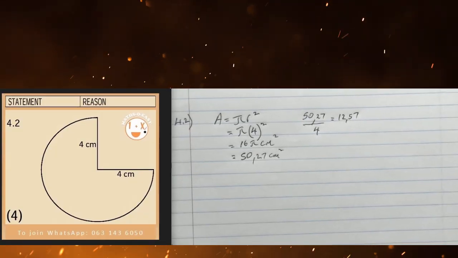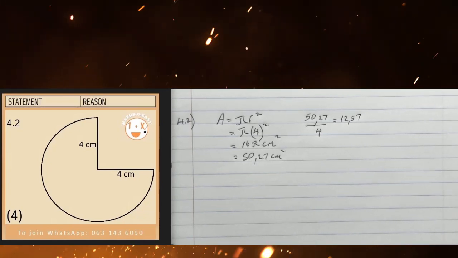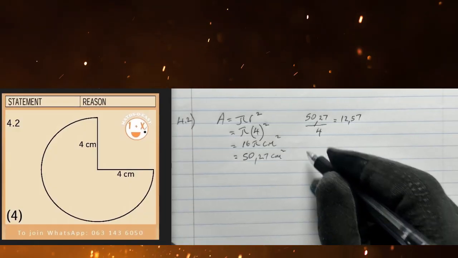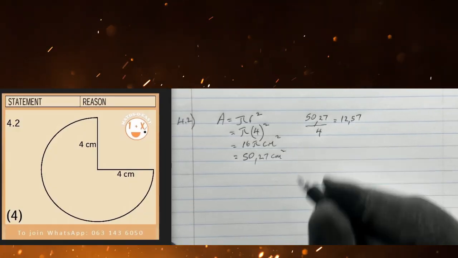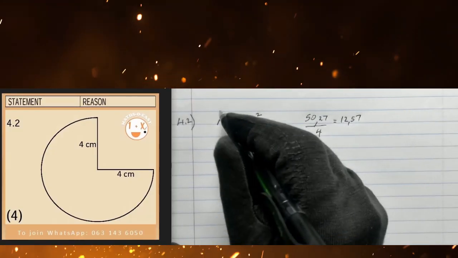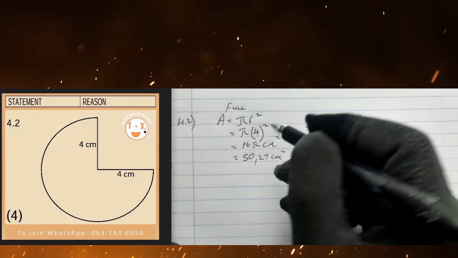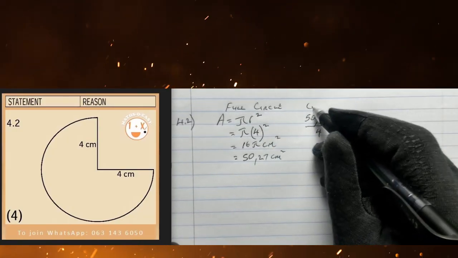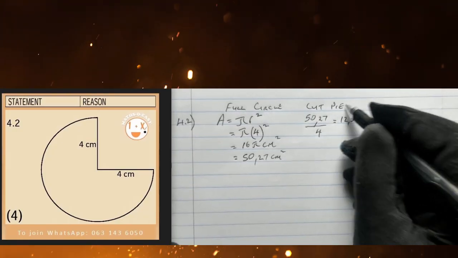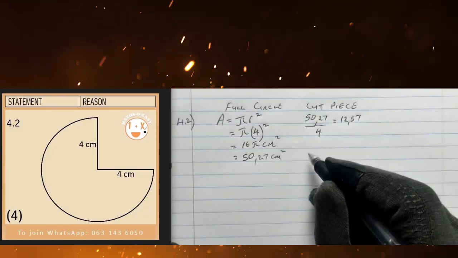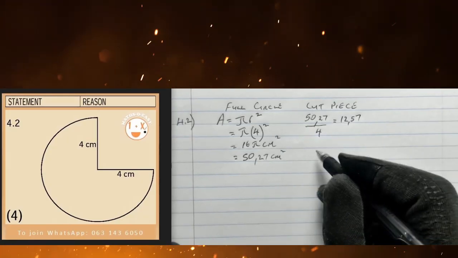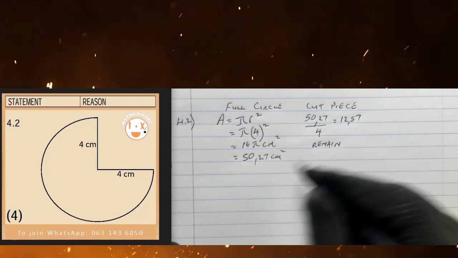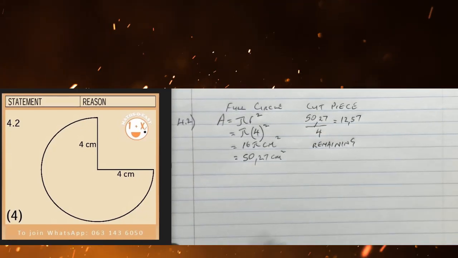So it means now what is left there is the final area. What can you do? I think you can just write this so that you know what you are doing. You can say full circle, then cut piece, then remaining circle, or given circle, sub-circle, remaining. Something like that.